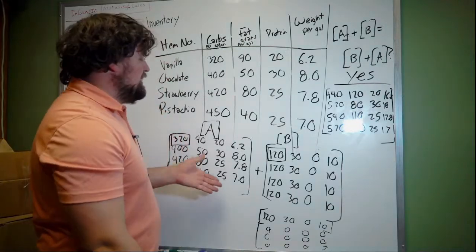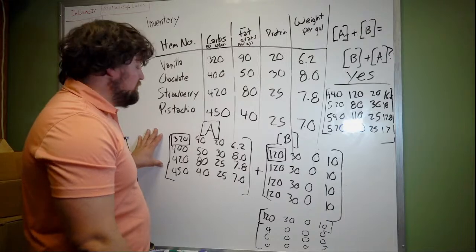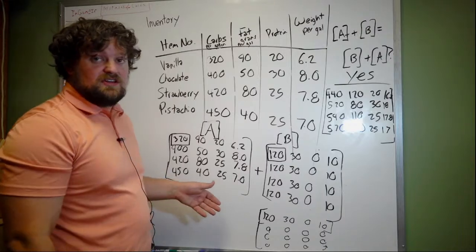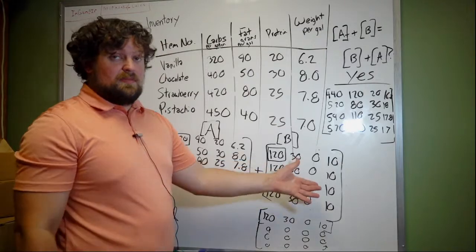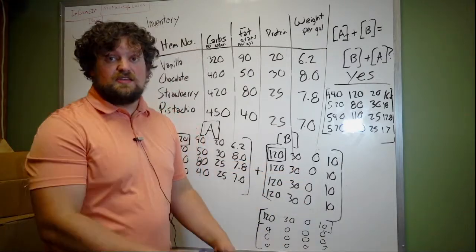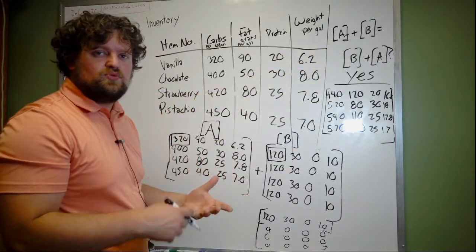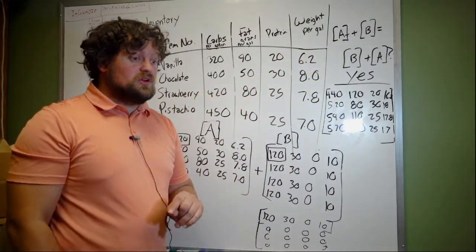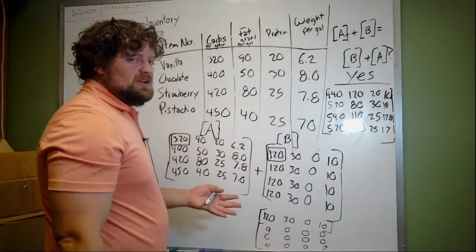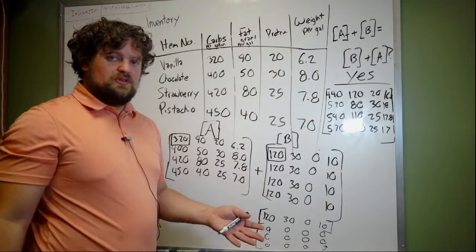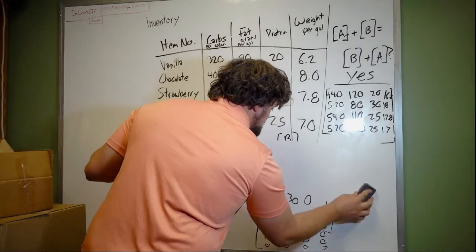Okay, if I take a gallon of chocolate sauce and I dump it on top of a gallon of each one of these, it's going to give me the same value as if I take a gallon of these and drop it on top of a gallon of chocolate sauce. They're interchangeable. This is an important quantity. You can switch those. That is not true when it comes to matrix multiplication. So, fundamentals of matrix addition, it's pretty simple. You will need to understand this in order to do basic matrix operations though.